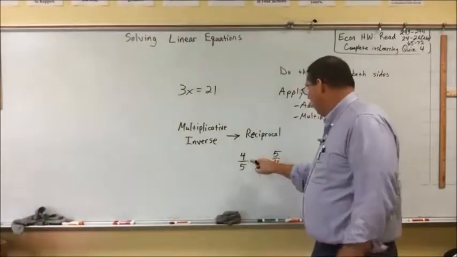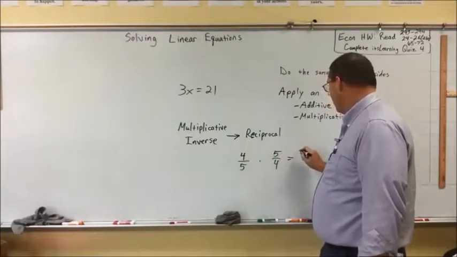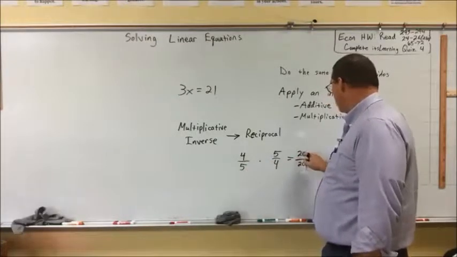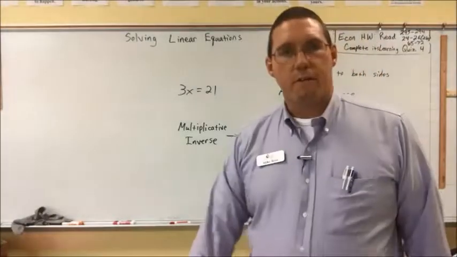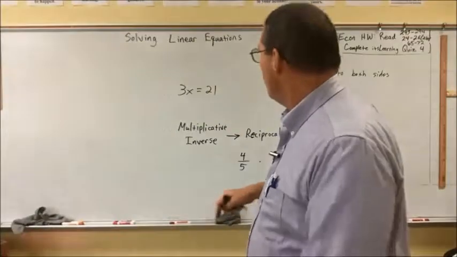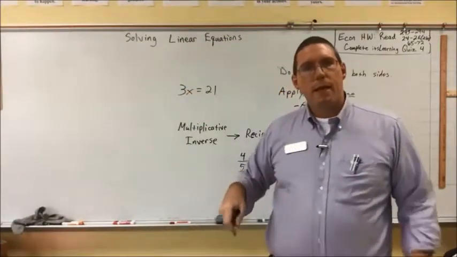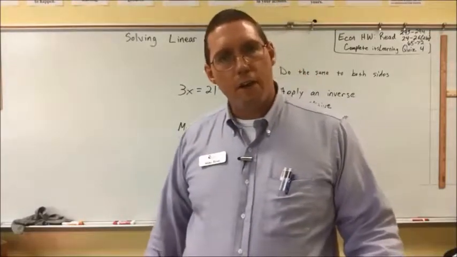Watch this. 4/5 times 5/4. 4 times 5 is 20. 5 times 4 is 20. 20 divided by 20 is 1. Multiplicative inverses. Reciprocals. So basically, the way that you cancel multiplication is by multiplying by the reciprocal of the number.